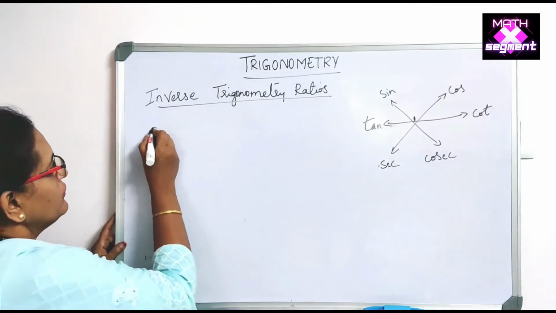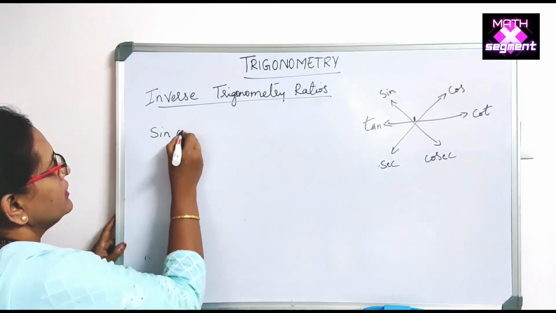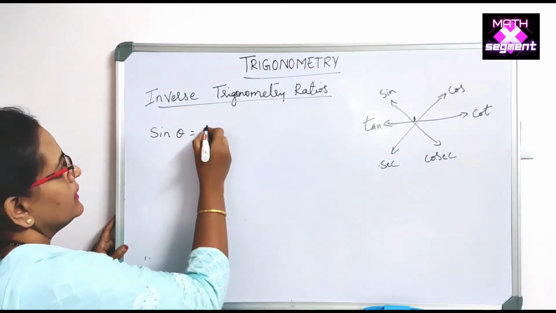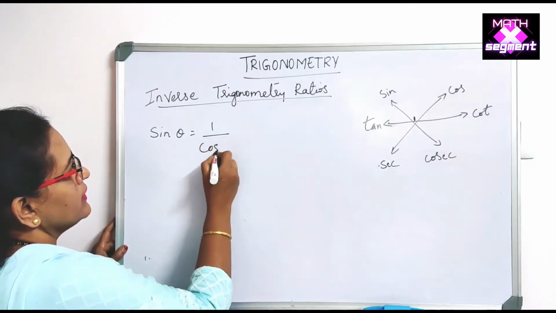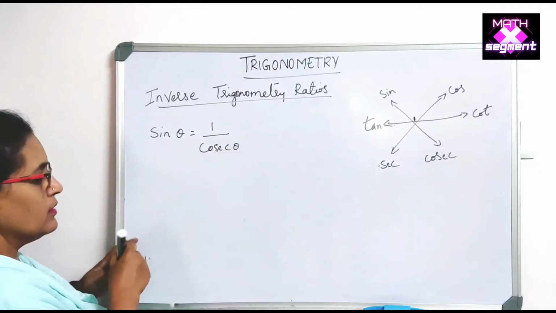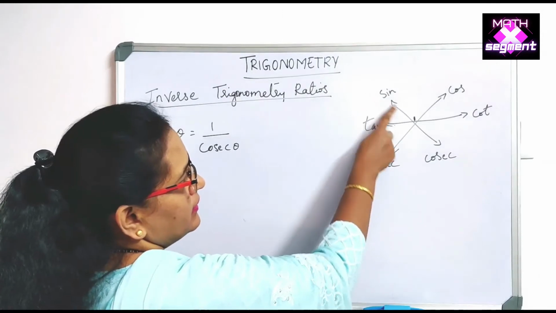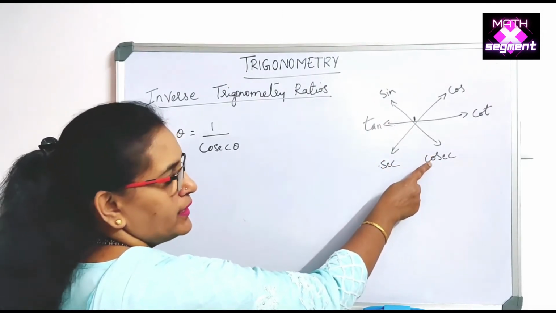Now we are going to find first the sine theta. Sine theta is nothing but 1 divided by cosecant theta.